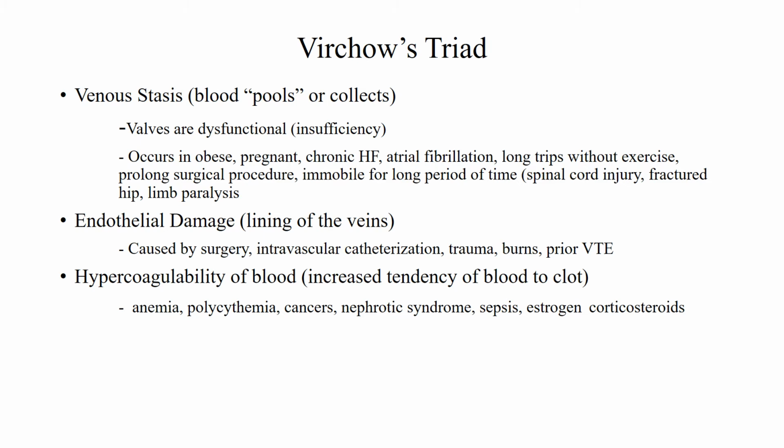The third part is hypercoagulability of the blood, or there is an increased tendency of the blood to clot. And this occurs in conditions such as anemia, polycythemia, cancers, nephrotic syndrome, sepsis, intake of estrogen or corticosteroids.